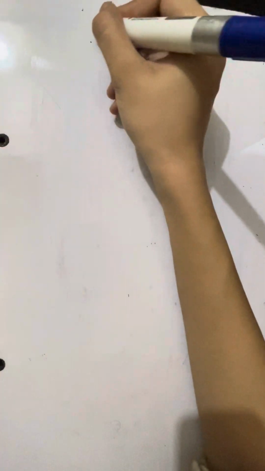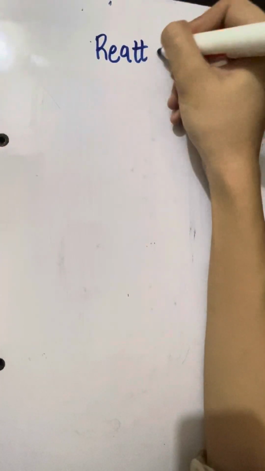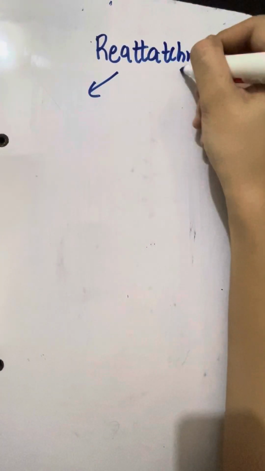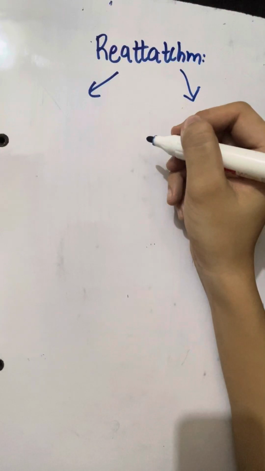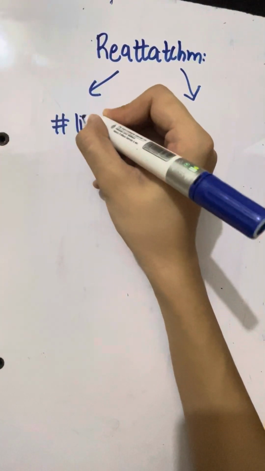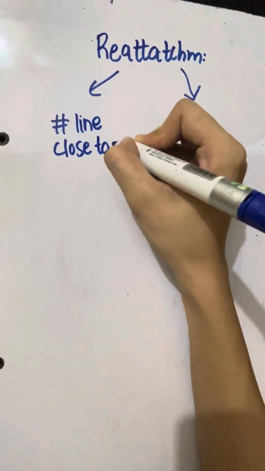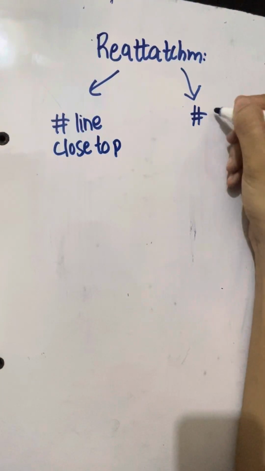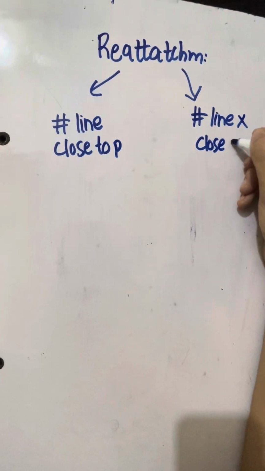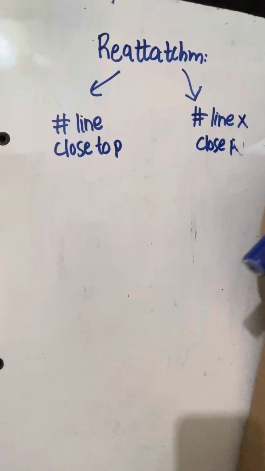For reattachment, again we divide it in two. The treatment will be based upon the fracture line: whether the fracture line is close to the pulp or not close to the pulp.